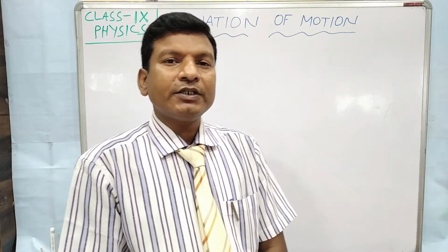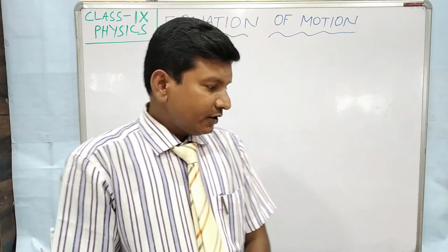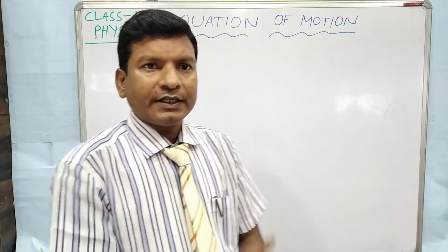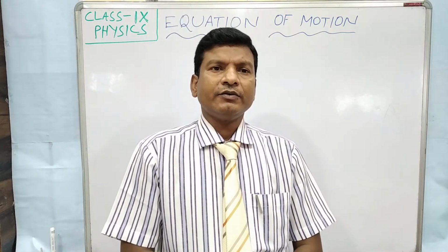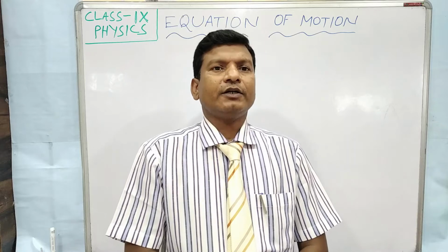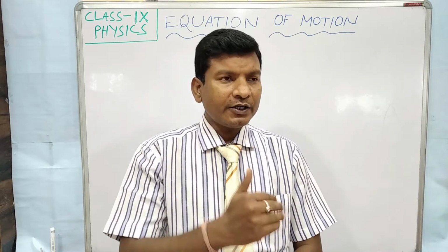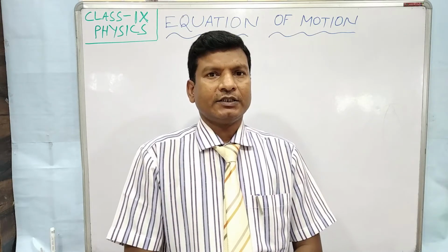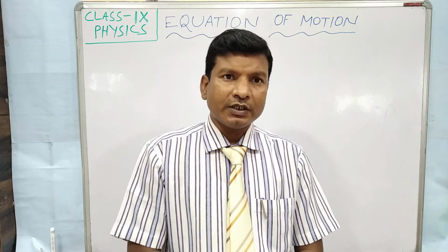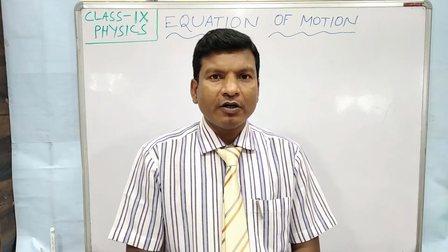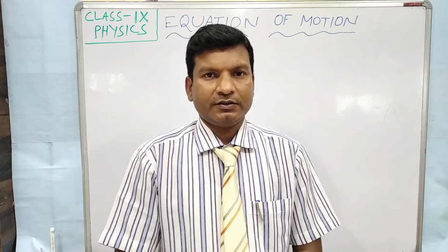Now, what are the equations of motion? When a body is moving linearly, or when the body moves in a straight path, such type of motion is known as rectilinear motion or one-dimensional motion.